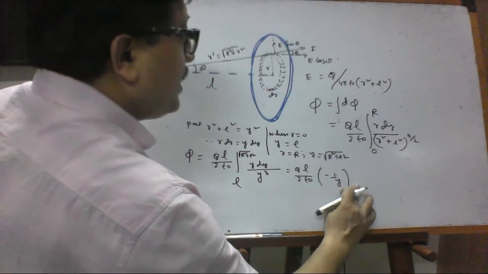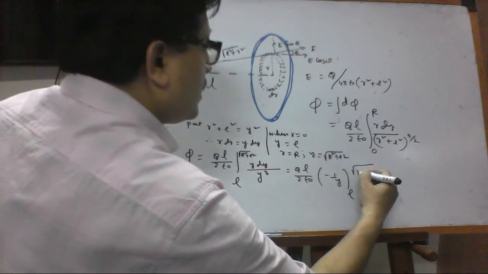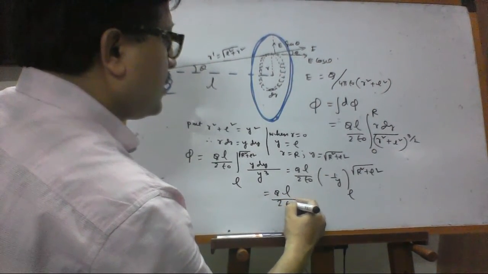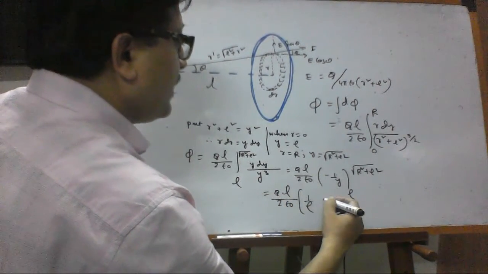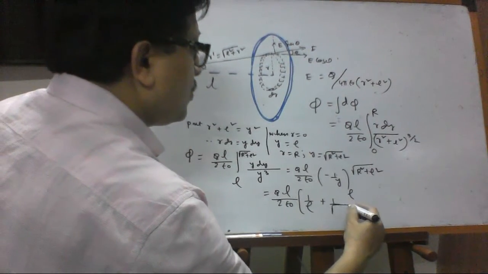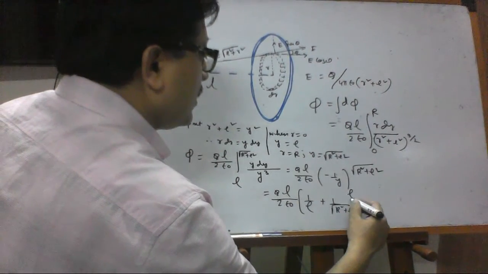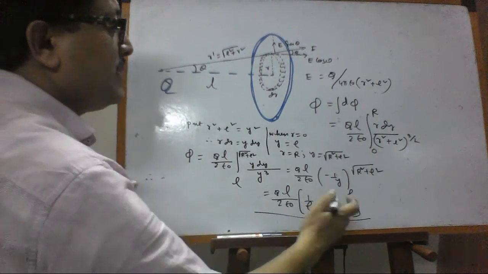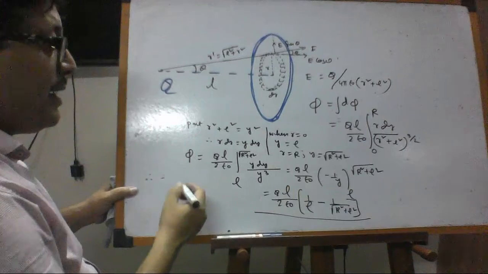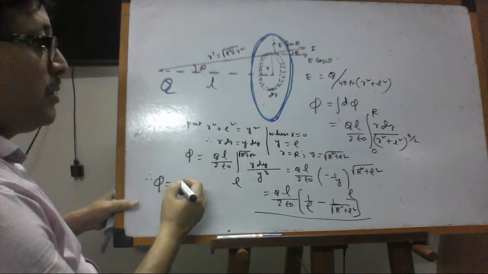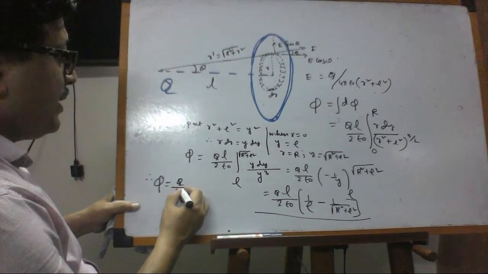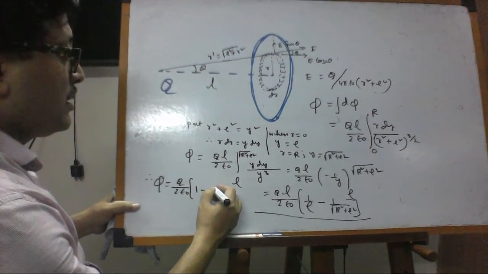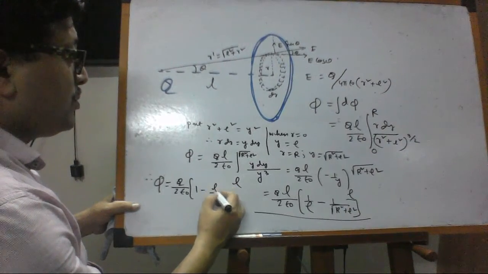Upper limit minus lower limit will give you minus 1 by root over R square plus L square plus 1 by L. If you take L inside, so phi is going to be Q by 2 E0 into 1 minus L by root over R square plus L square.